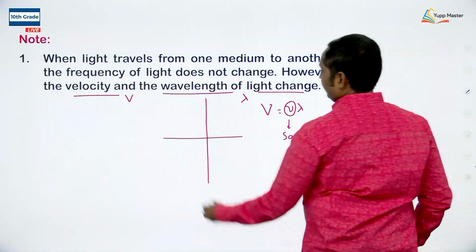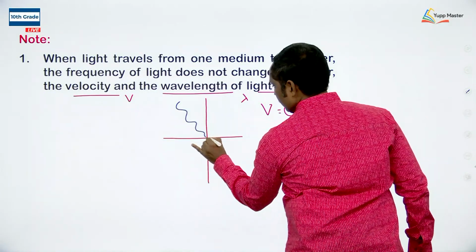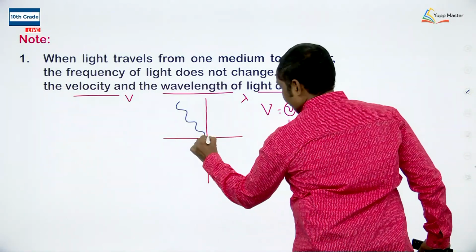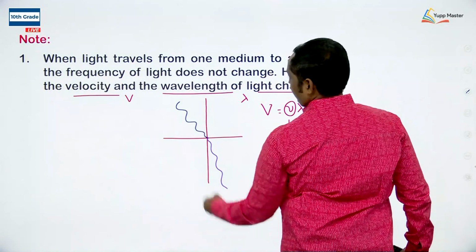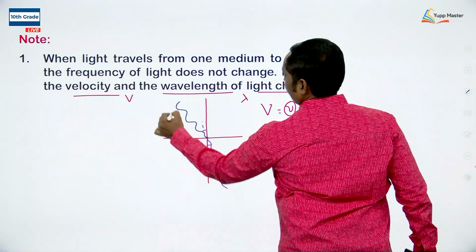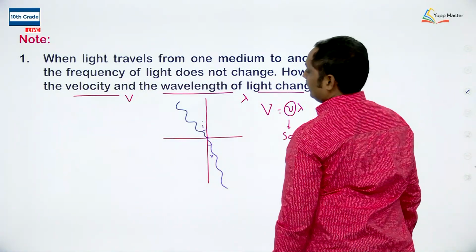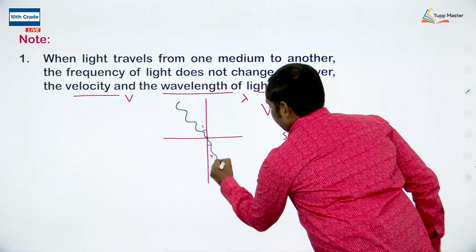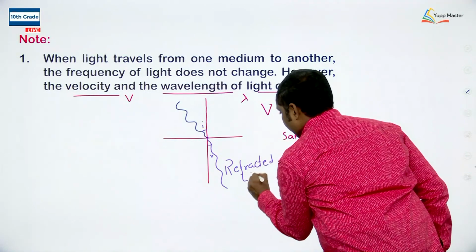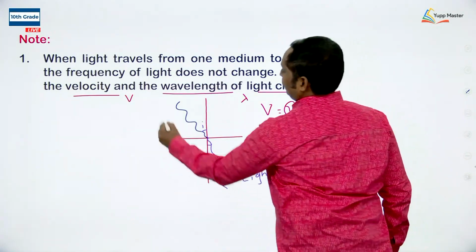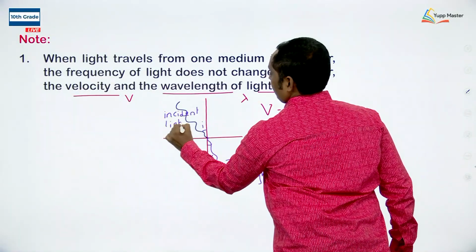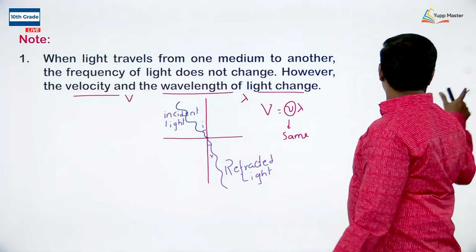Light is incident in the form of a wave. This is the incident ray, and this is the refracted light ray, the incident light and the refracted light.